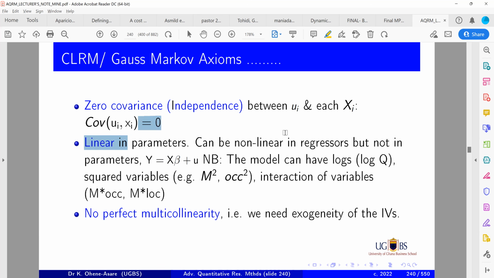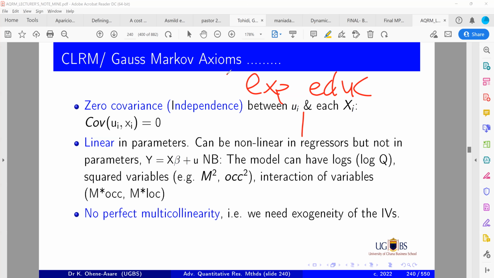Suppose you have experience, and then experience is doing the same thing as education. The same thing, they are perfectly correlated. The correlation between the two is 1. And you want to include both of them in the model. No, we need exogeneity.